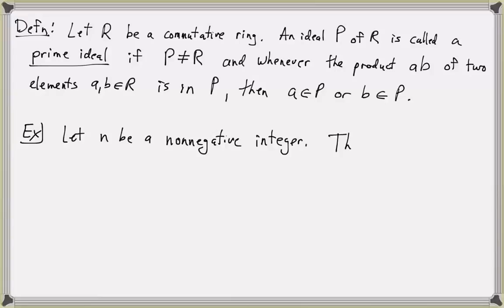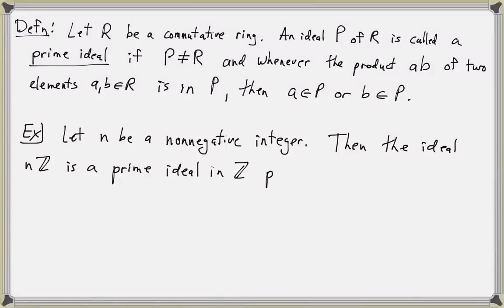Then the ideal nZ is a prime ideal in Z, provided that, first of all, n cannot equal 1, because then the ideal nZ would just be equal to Z. So we need n to be not equal to 1 so that the ideal is a proper ideal.